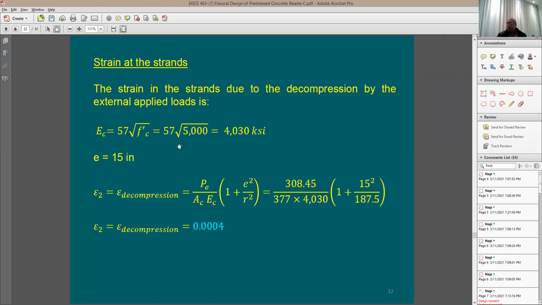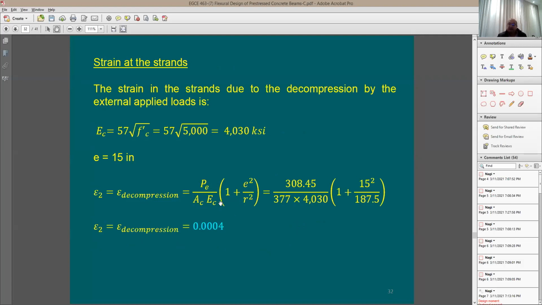But look what happened. When you look at this equation here, and this equation, with this you can determine the strain in the concrete. And then you look at the strain in the concrete, you find it's going to be 0.0004. So I'm wondering, what does it mean by that?